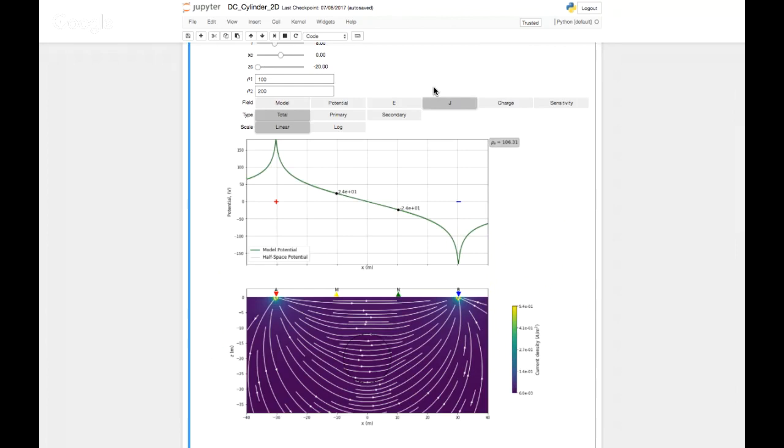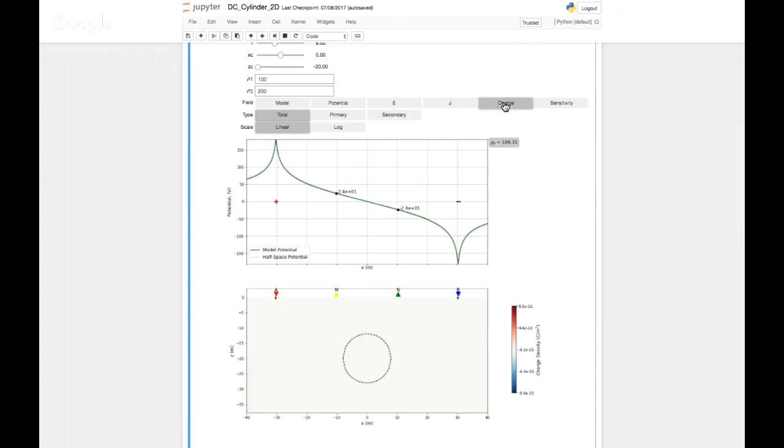Where are the charges? Look. So I press charge. There are my total charges. I was perhaps expecting to see something here. I don't. Why?